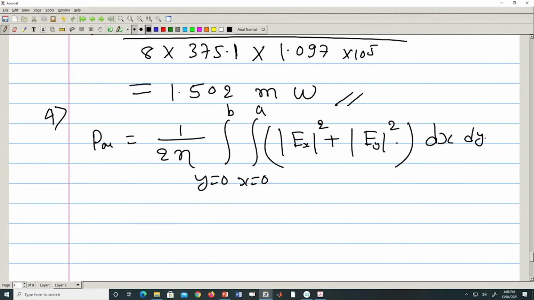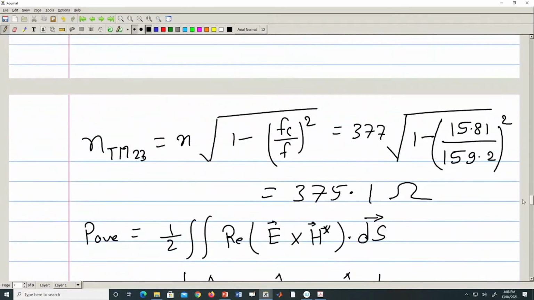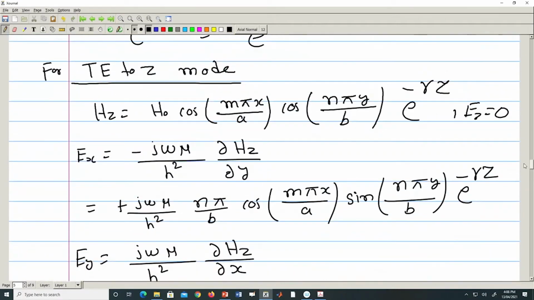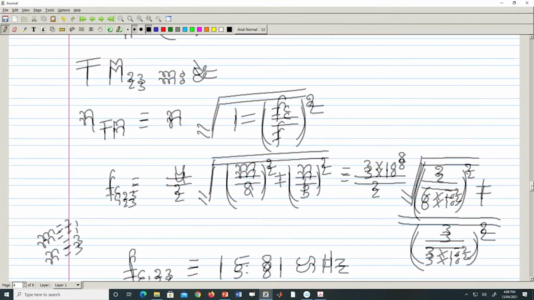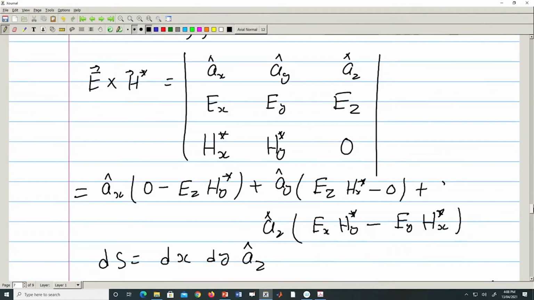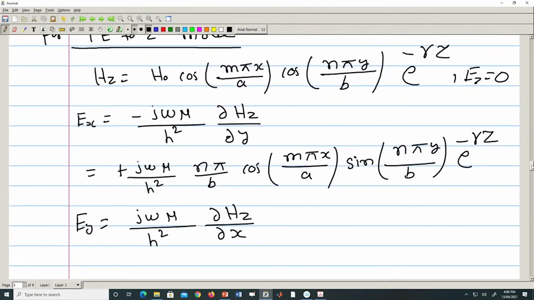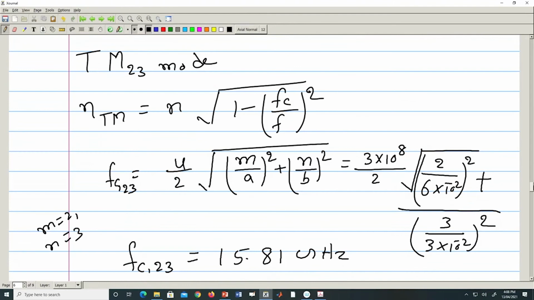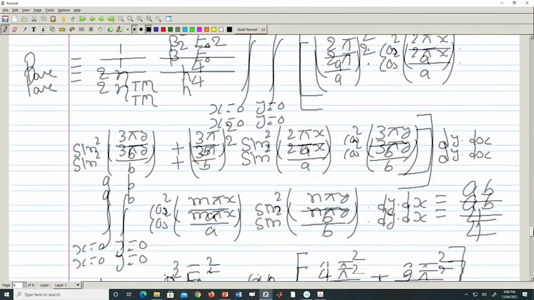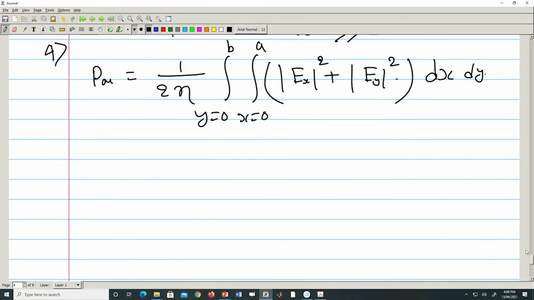Now, we have calculated all the expressions above for the TM mode, we can substitute here. So, for the TM mode, Ex was minus j beta divided by h square.